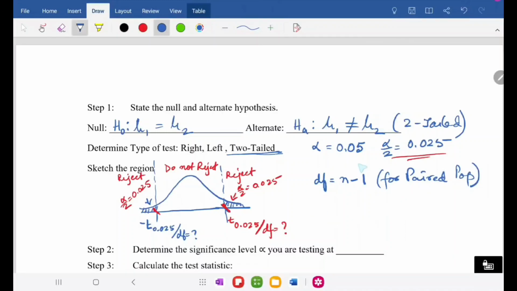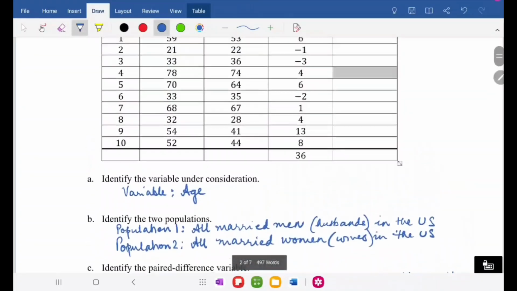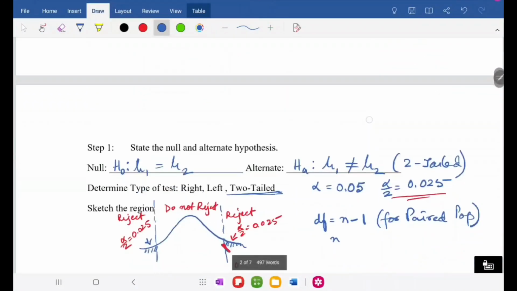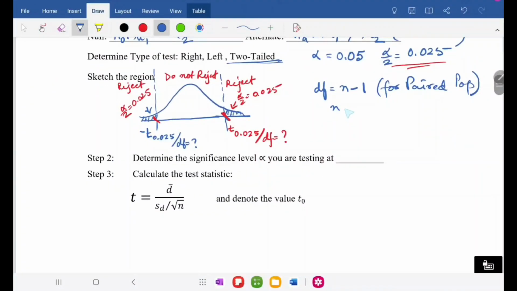N here is 10, we have a sample size of 10 couples. Therefore df is 10 minus 1, which is 9. So these df values will be 9 when we calculate our critical values.